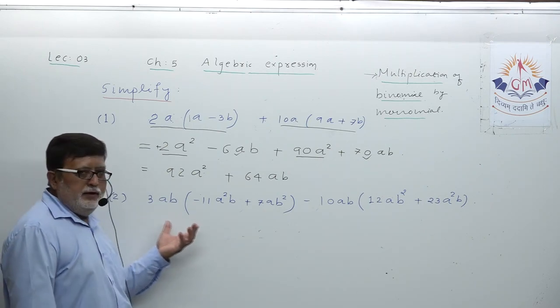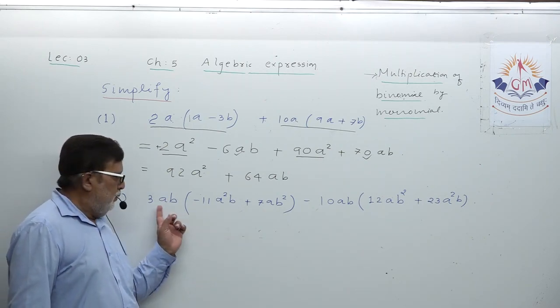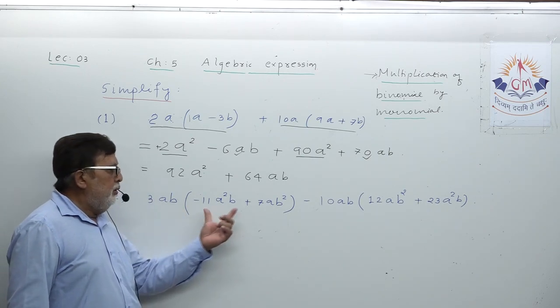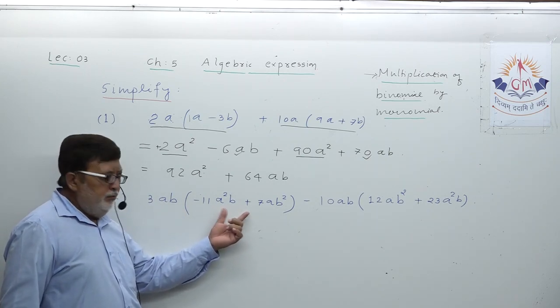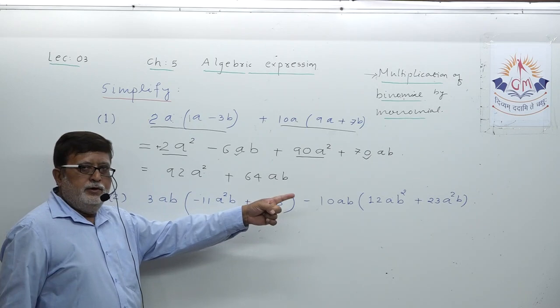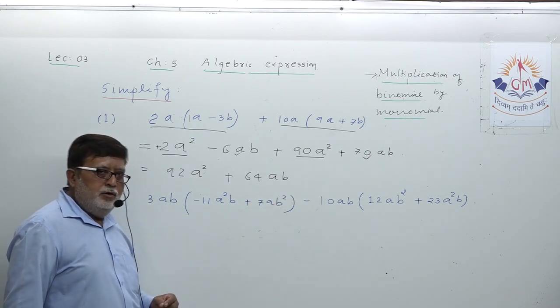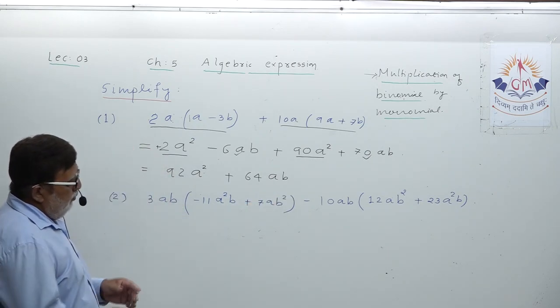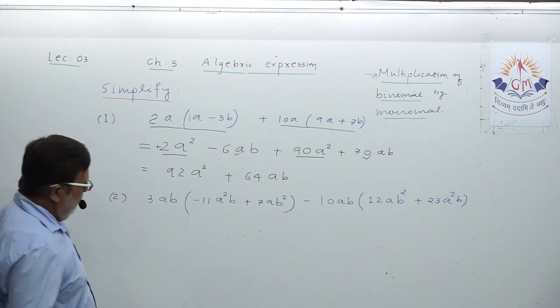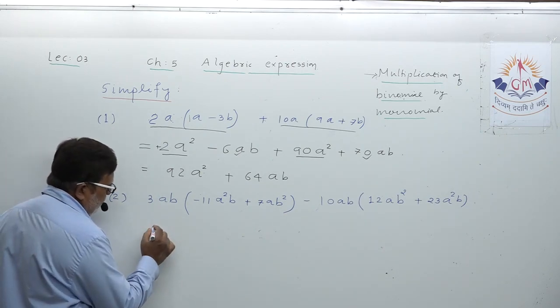The things are simple. One monomial, one binomial, one monomial, one binomial, though the sum looks difficult, remains the same. Okay, see.